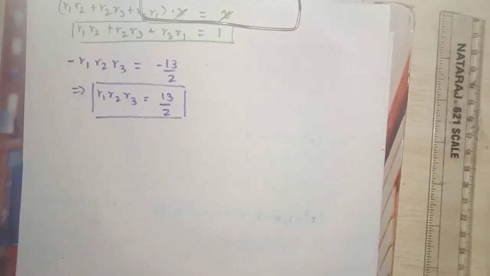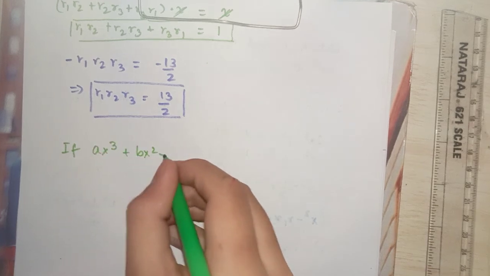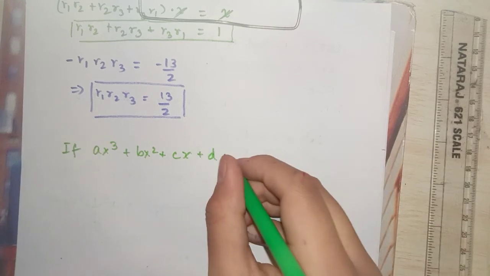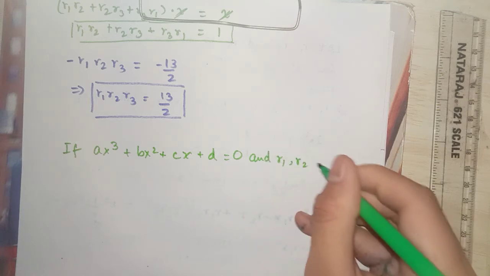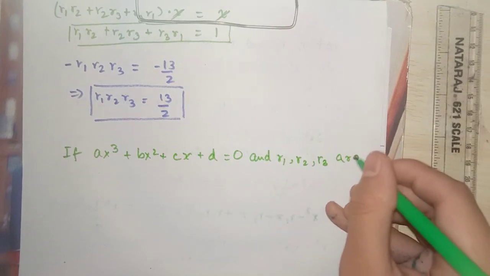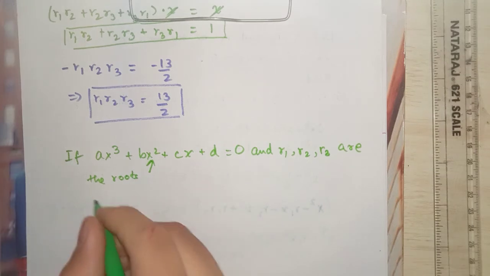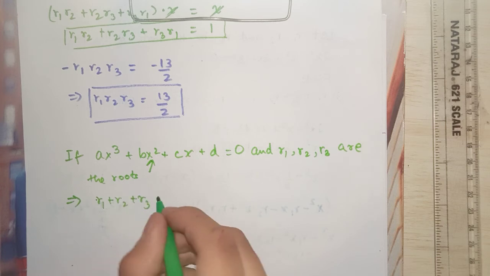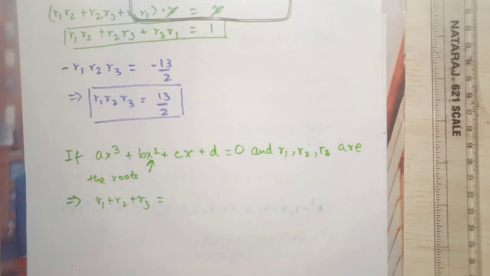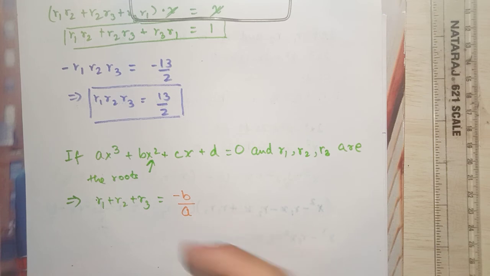So in general, if ax cubed plus bx squared plus cx plus d equals 0 is a cubic polynomial, and r1, r2 and r3 are the roots of this polynomial, then the sum of roots r1 plus r2 plus r3 would be the negative of the coefficient of the x squared term over a, the coefficient of the x cubed term.